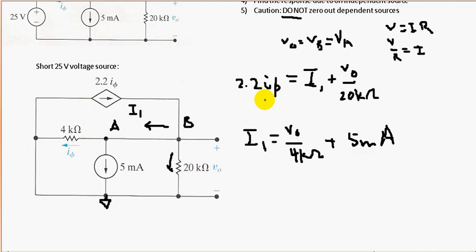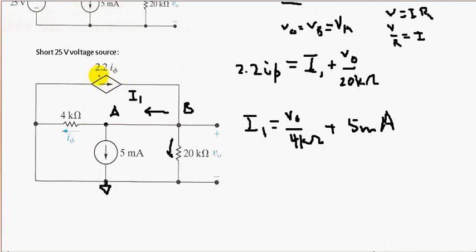Now, you need to remember that when you're doing circuit analysis, whenever you have a dependent source, you have to write a constraint equation. That's another equation you have to write. Because I sigma is dependent on the current going through this 4 kilo ohm resistor, we have to find what I sigma is.